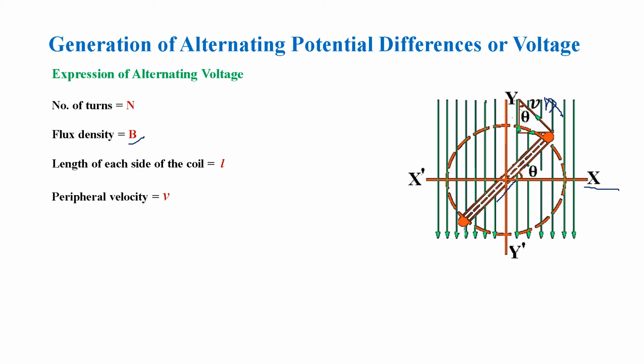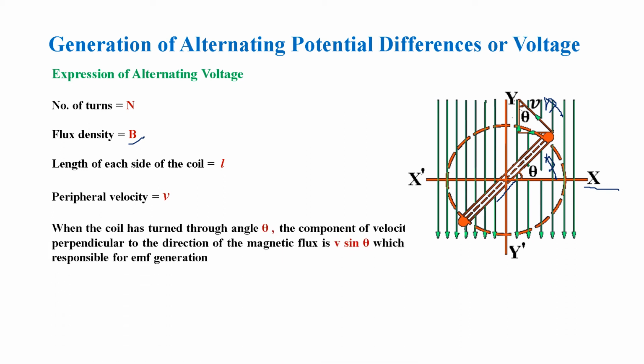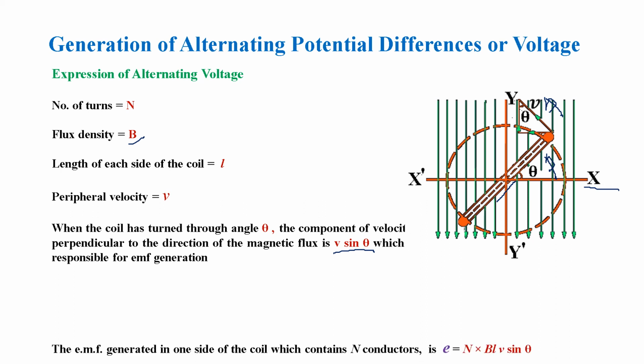But when the coil turns through some angle theta, its velocity can be resolved into two components, and the component responsible for the EMF generation is V sin theta.